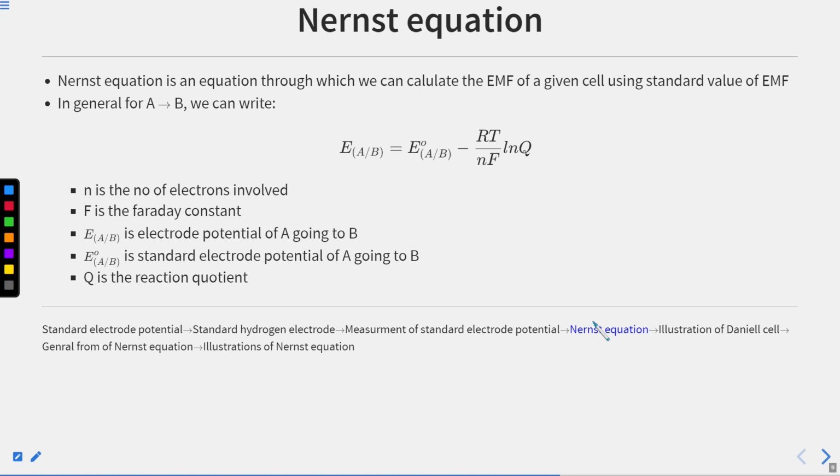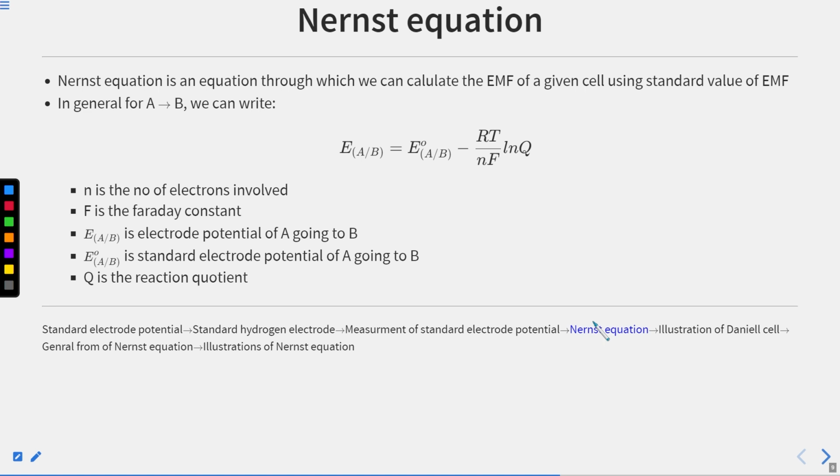If you want to imagine it physically, then the more general formula would be the reduction potential of the substance getting reduced plus the oxidation potential of the substance getting oxidized, and the sum will be our EMF of the cell.